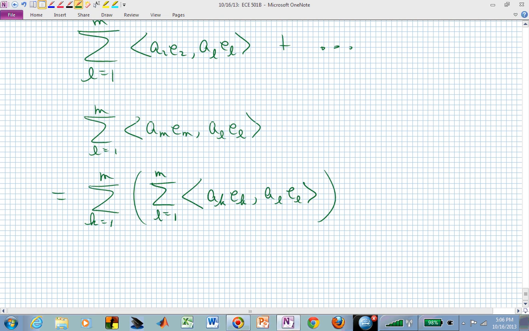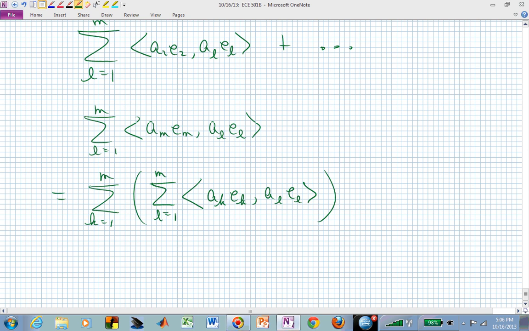But now what can I do? I now have a scalar in the first slot and the second slot. And we know how that slides out of each of those terms. The first A comes out unaltered. The second A, the scalar in the second slot, comes out with a conjugate.